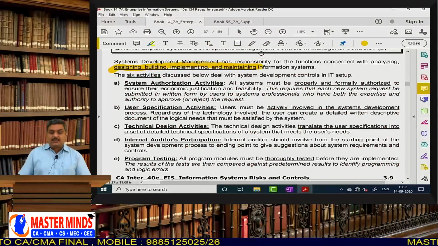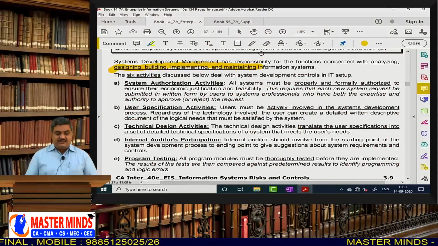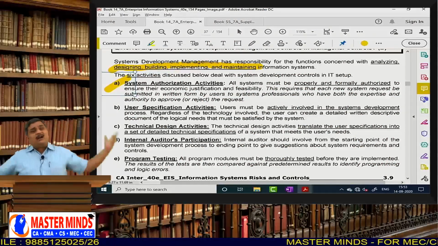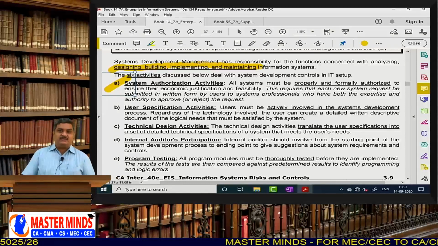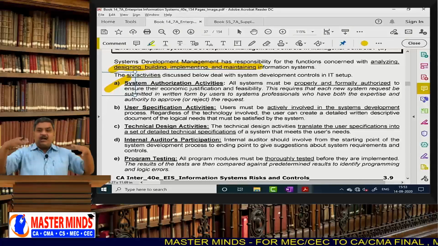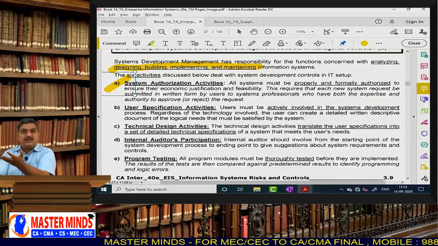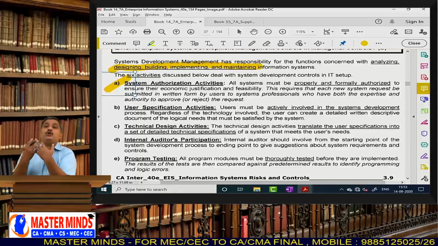First of all, system authorization activities. That means there will be many departments in our organization. So we will ask all those departments to send their proposals. See what kind of system you are looking for. We will ask the finance manager, sir, what kind of information system do you want to have?